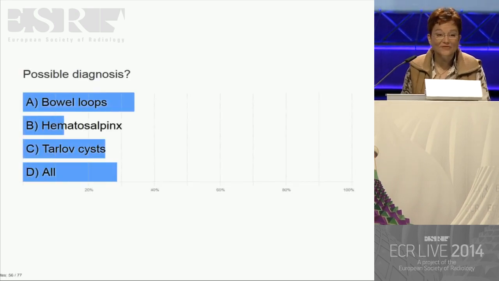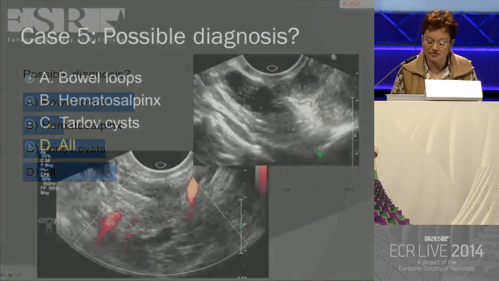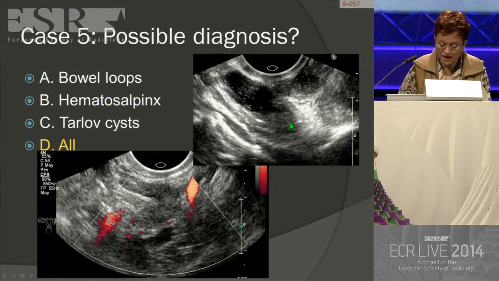Yeah, that's it. It was really tough. It's difficult. So in this case, it could be all, because it could potentially be bowel loops. I agree. We have fluid. We have some feces could be here. We have also some thick material inside, something that looks tubular. Could be hematosalpinx. And it could be a Tarlov cyst.